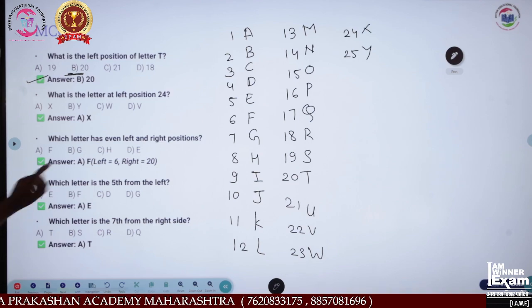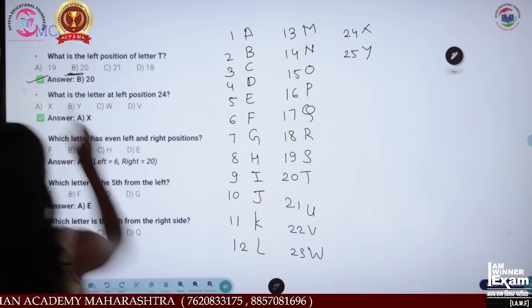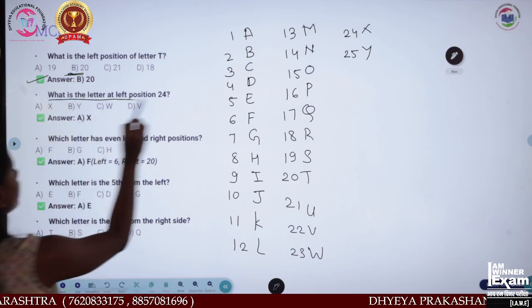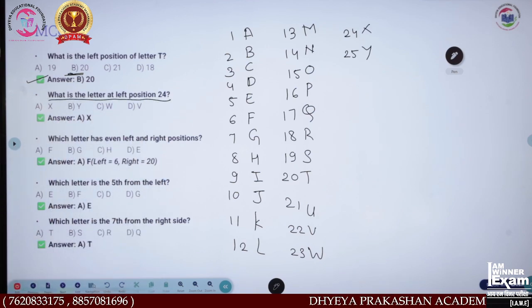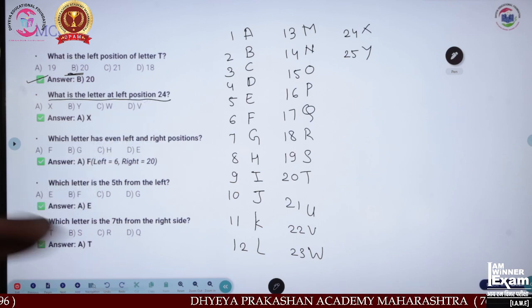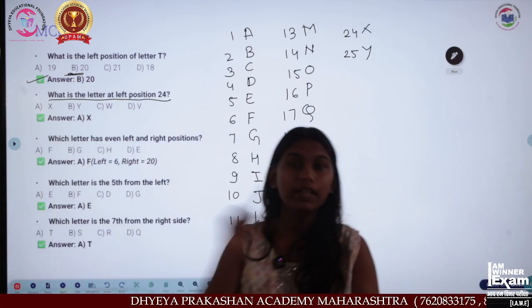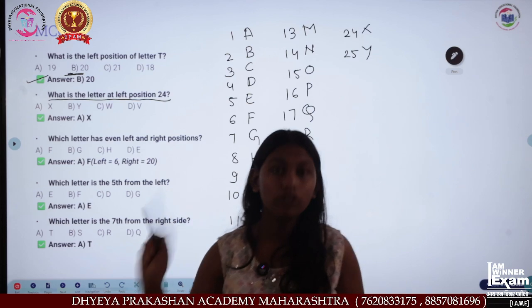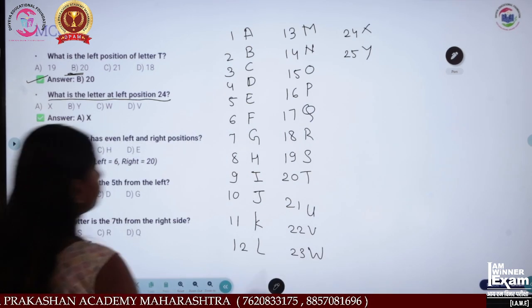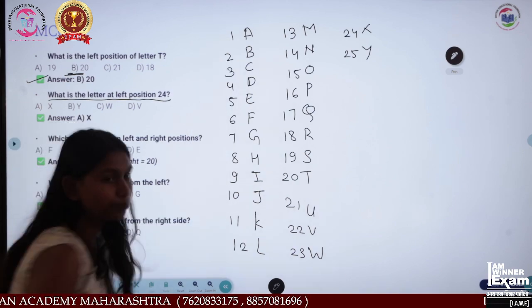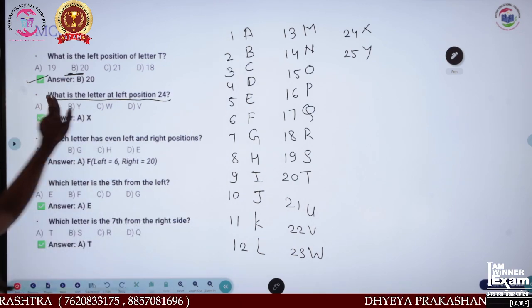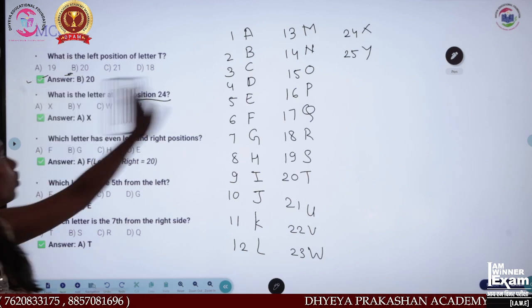Now, coming towards the next MCQ: what is the letter at the left position of 24? Means we are asking what is the letter at the 24th left position. Where is the 24 on the left side?